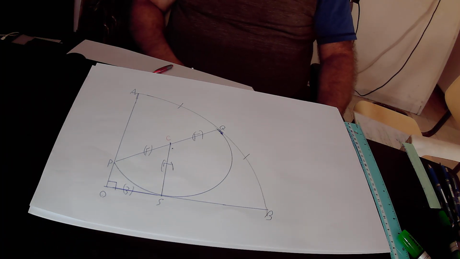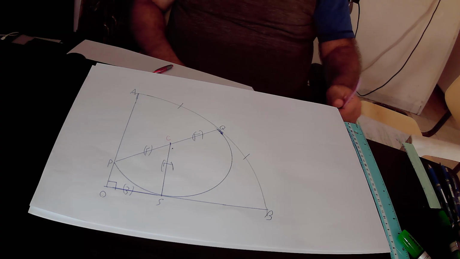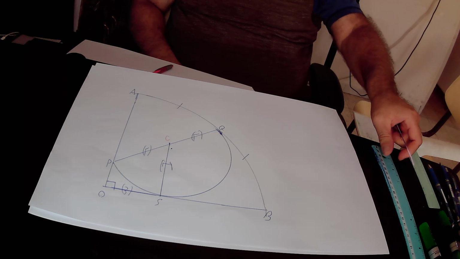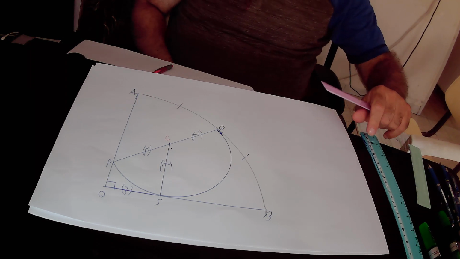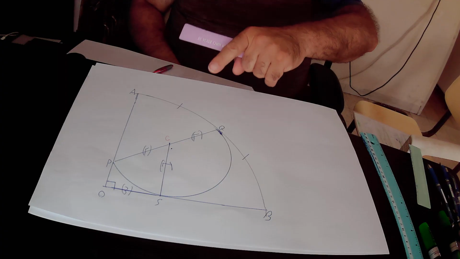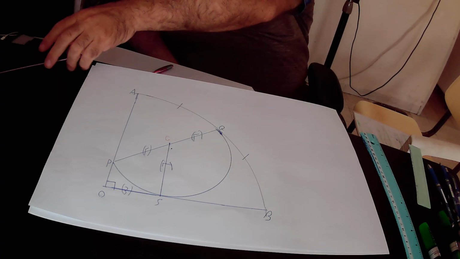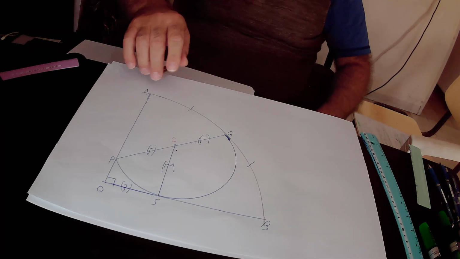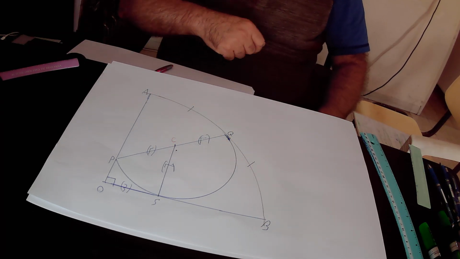Here we can implement rule 1. According to rule 1, a tangent to a circle is perpendicular to the radius drawn to its point of tangency. So we have the radius CS equals R. Radius CS is drawn to point S, the point of tangency of OB with this semicircle.